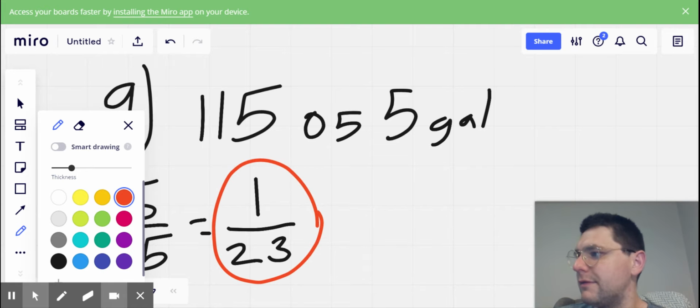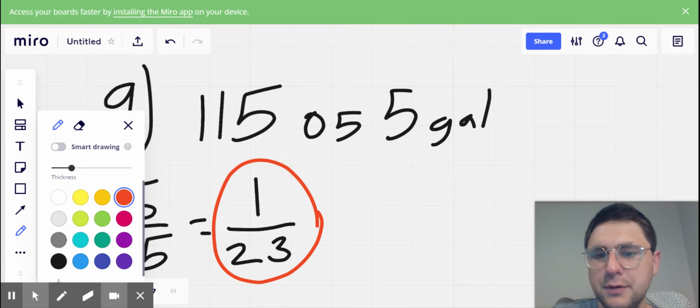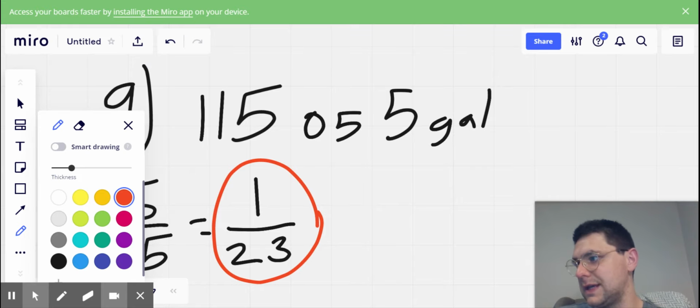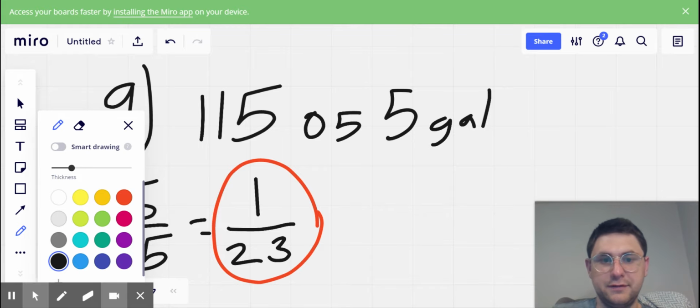Right? Then for the unit rate, we're actually going to divide. So you can divide 1 by 23 or 23 by 1. Either way, the one that makes more sense in this case is miles divided by gallons, because that gives you the unit rate miles per gallon. That's something that's pretty familiar, right?